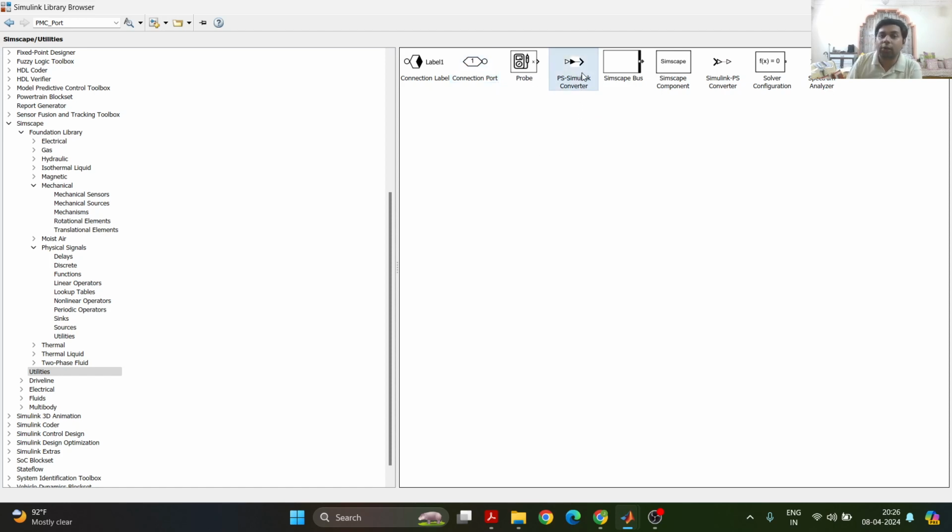And we also need to convert this physical signal with the physical signal to Simulink converter.